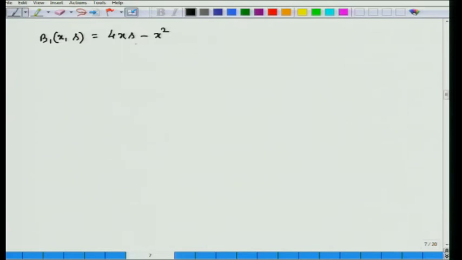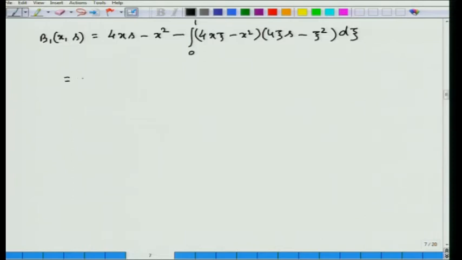So, C1 K(x, s) is nothing but K(x, s) minus integral 0 to 1 (4x xi minus x square) multiplied with (4 xi s minus xi square) d xi.